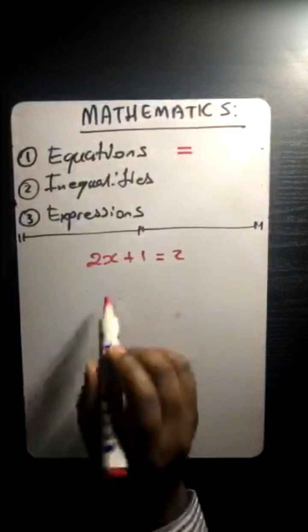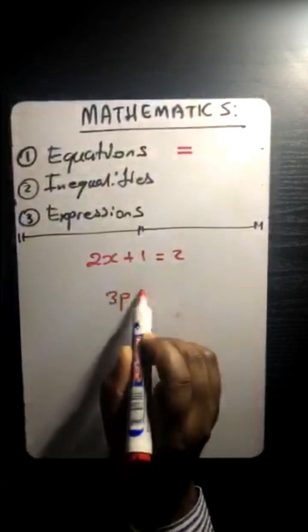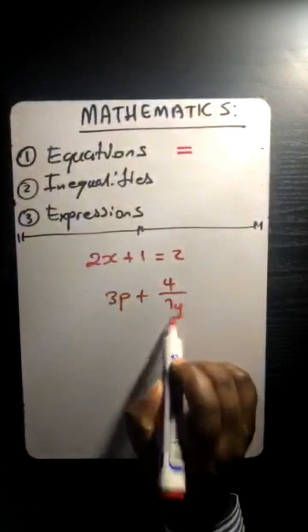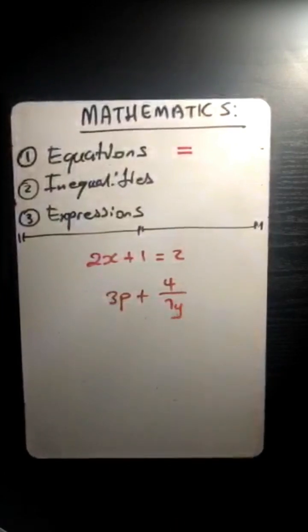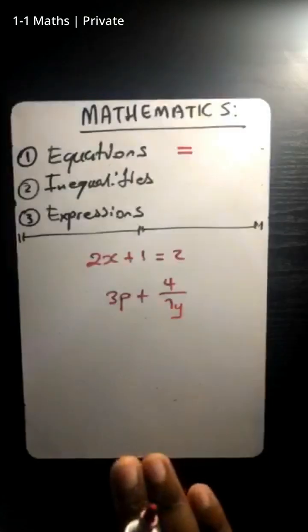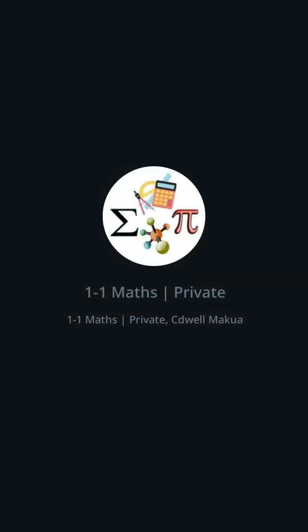Yes, okay, let's see. What about 3p plus 4 over 7y? Is this one an equation? No, it's not. This one has to be an inequality. Okay, let's say it's not an equation. Why is it not an equation?